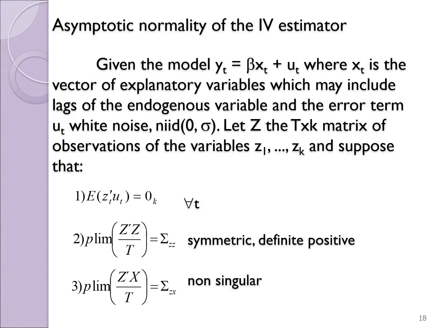The asymptotic normality means that the instrumental variable estimator is not exactly normal, but it is approximately normal, for sample sizes that are large enough.